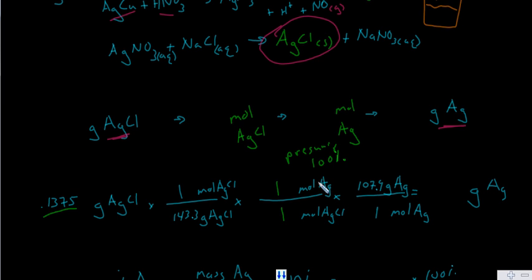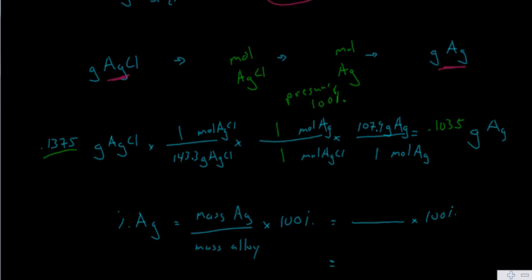Okay, so we know the number of moles of silver, and therefore we know the number of grams of silver. You should find that the number of grams of silver is 0.1035 grams. So what percent of the mass of the entire alloy was silver? It's the mass of silver that you have now determined over the mass of that alloy.